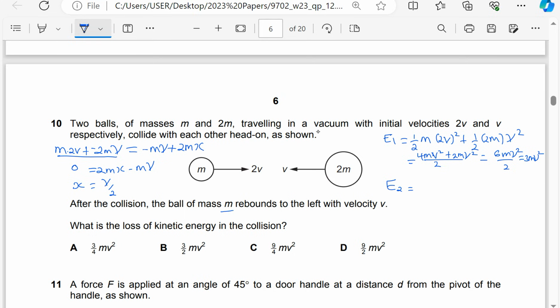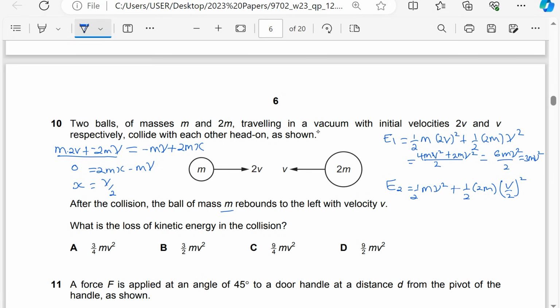Total kinetic energy after the collision: for the mass of m, its kinetic energy is a half m, its velocity is v squared, plus for 2m, it's a half, its mass is 2m, and its velocity is v over 2, squared.